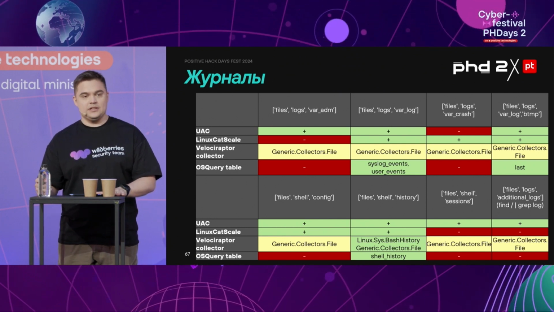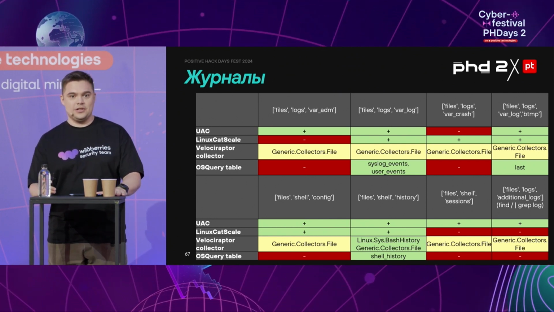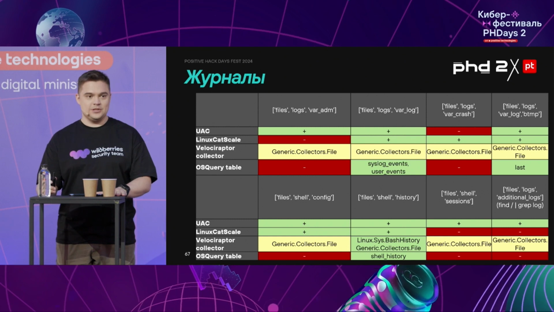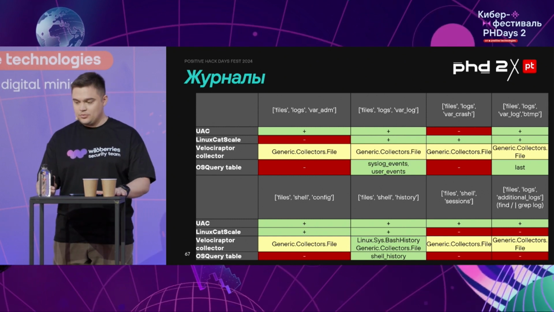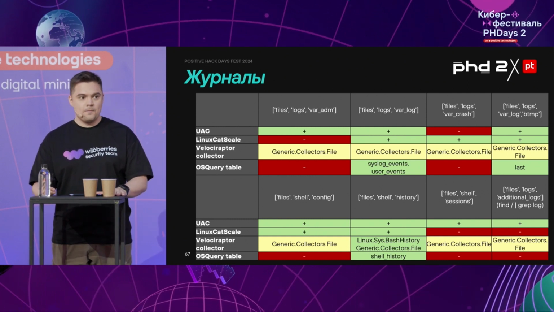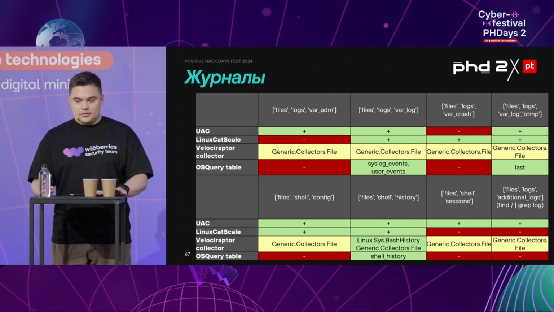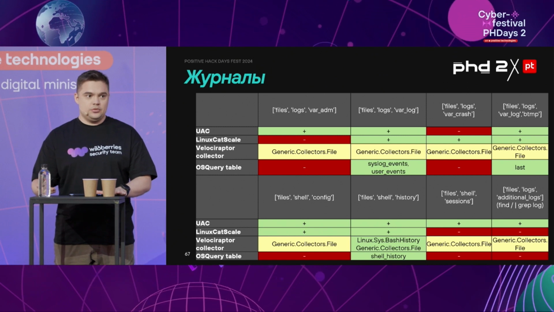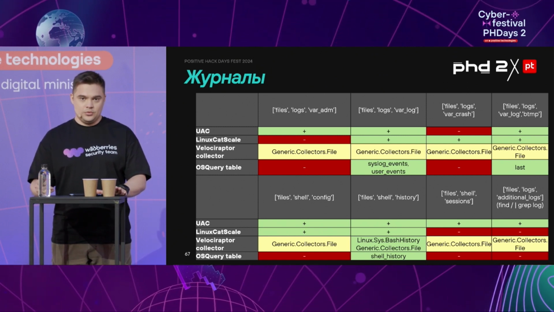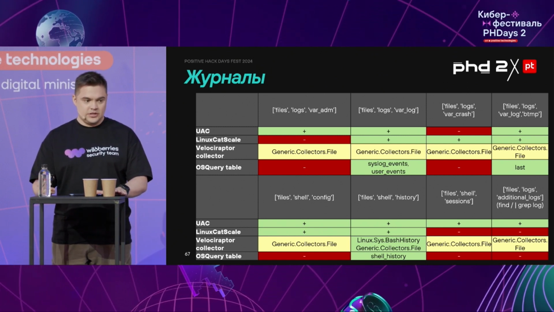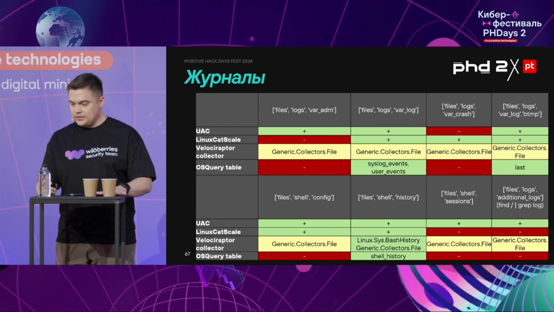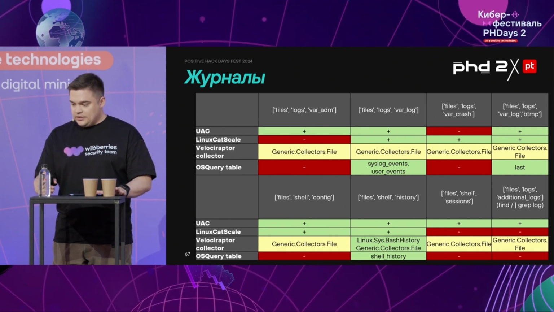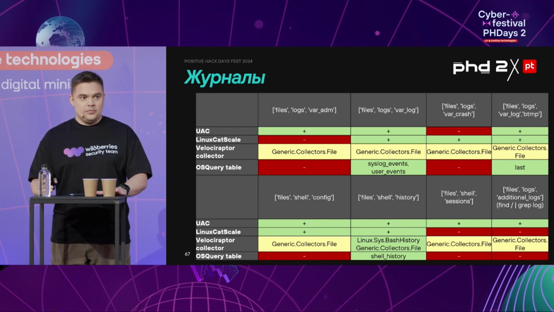Here you can see that UAC doesn't cover everything, and Linux Cat Scale is ahead of it on the var crash directory. Velociraptor collector again requires fine-tuning. You can't do without it because out of the box it doesn't offer an awfully rich data set.